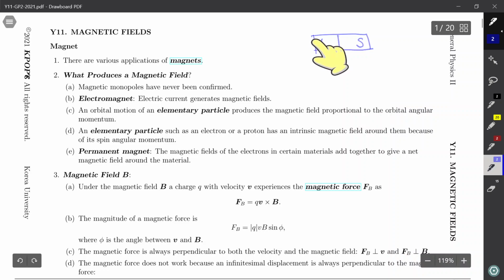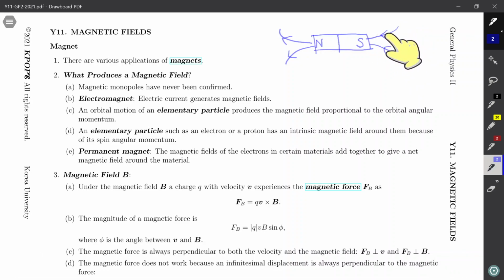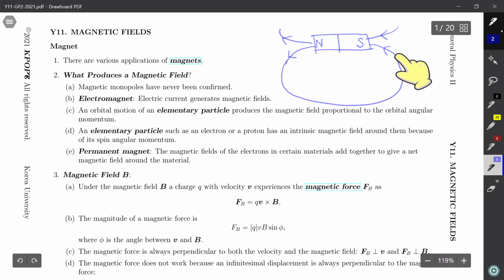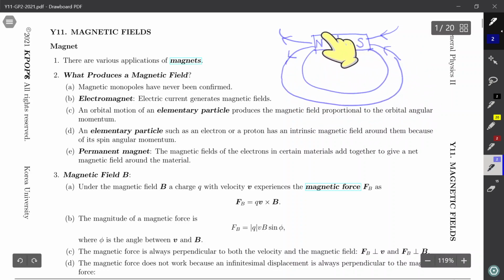The north pole emits magnetic field and into the south pole the magnetic field comes in. Magnetic field never breaks and they are always connected in such a way.